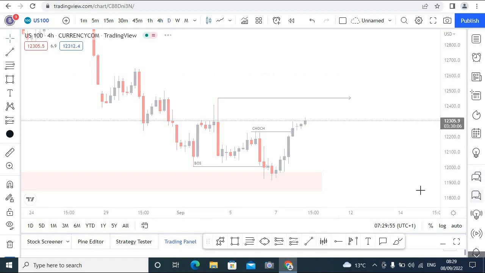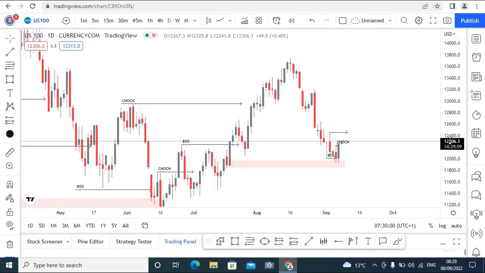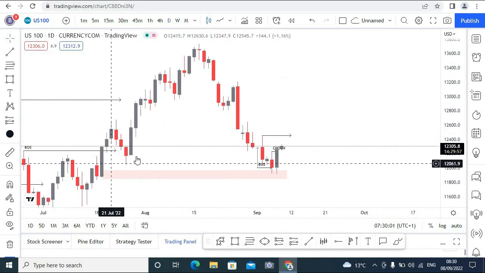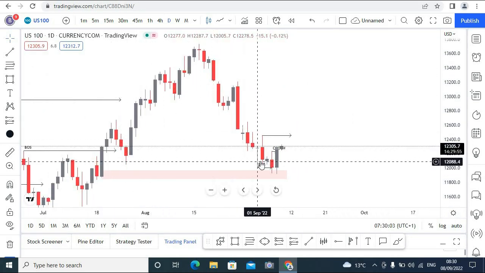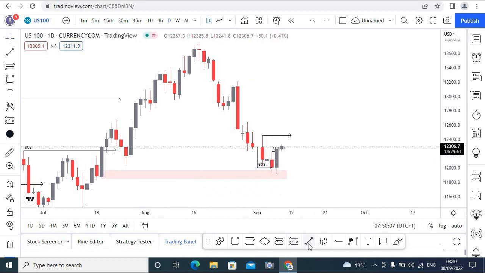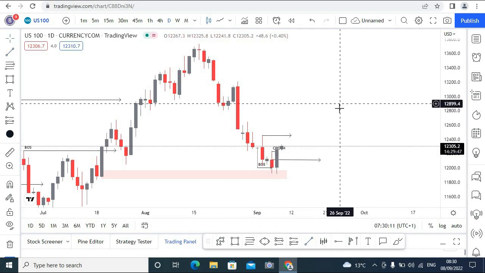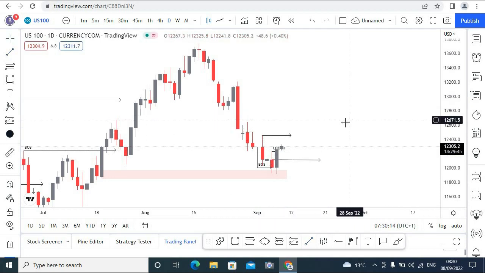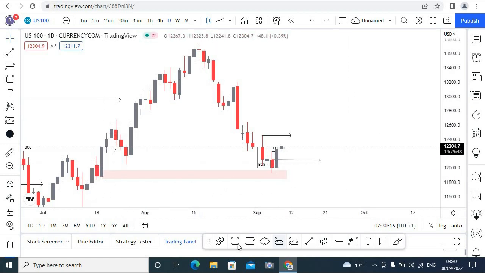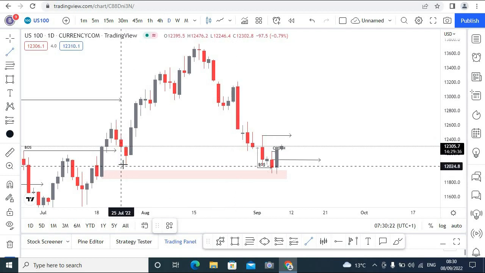But as well, guys, if you come back to your daily time frame, this is what you have to understand. Remember, this was an inducement right here, but price coming back to the demand zone A will be your entry point if you are looking for longs. If price continues going to the upside as well, you have to understand this last opposite candlestick was responsible for taking out this structure.